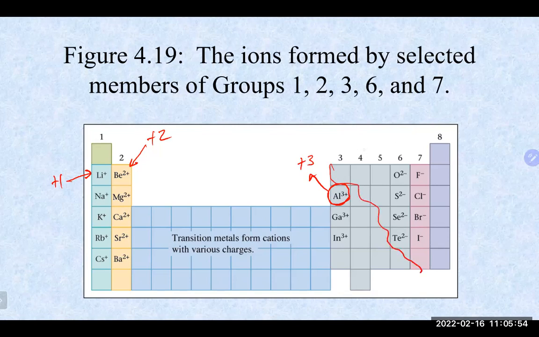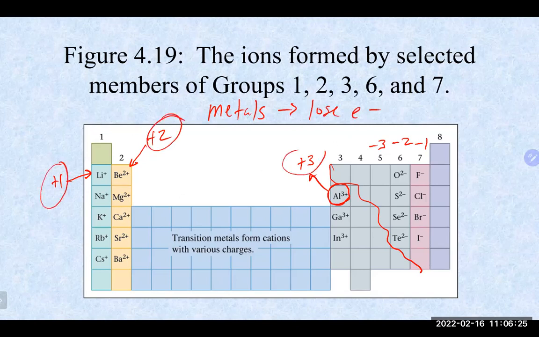We skip group 4 and we go to group 5. Group 5 actually will have a -3 charge, everybody in there. Group 6 will be -2, and group 7 will be -1. So it's kind of +1, +2, +3, skip and go backwards, -3, -2, -1. The reason for that is, typically speaking, as we will talk about, it is the metals that will lose electrons. And so that's why they all sort of become positively charged.